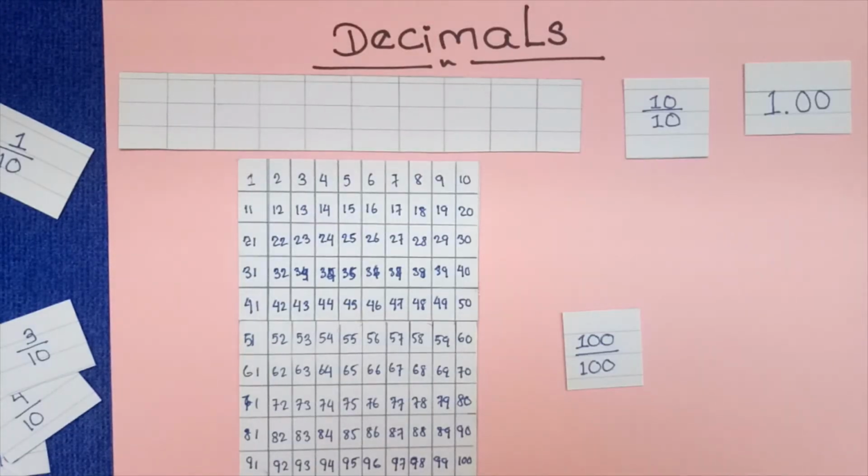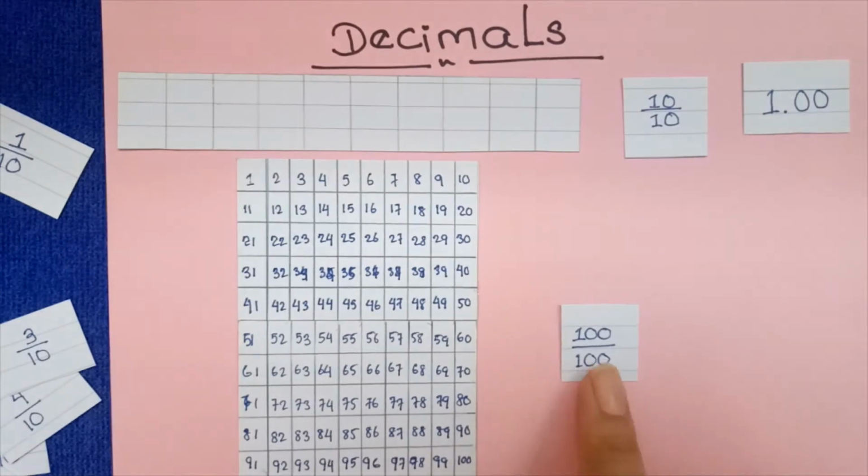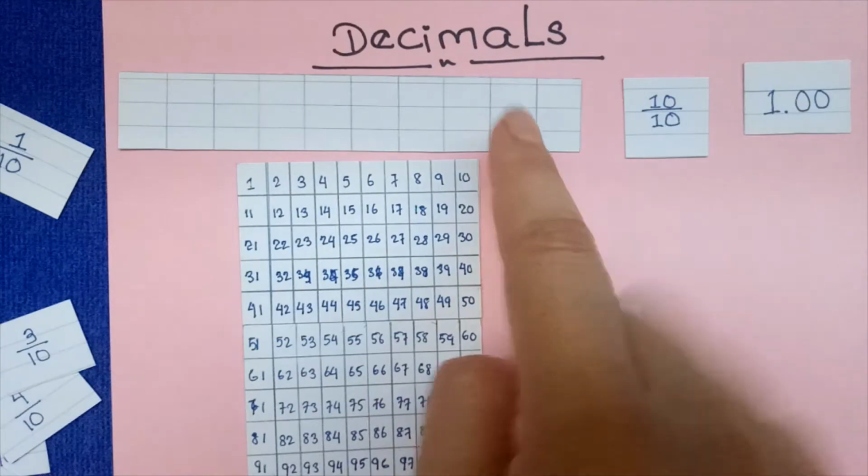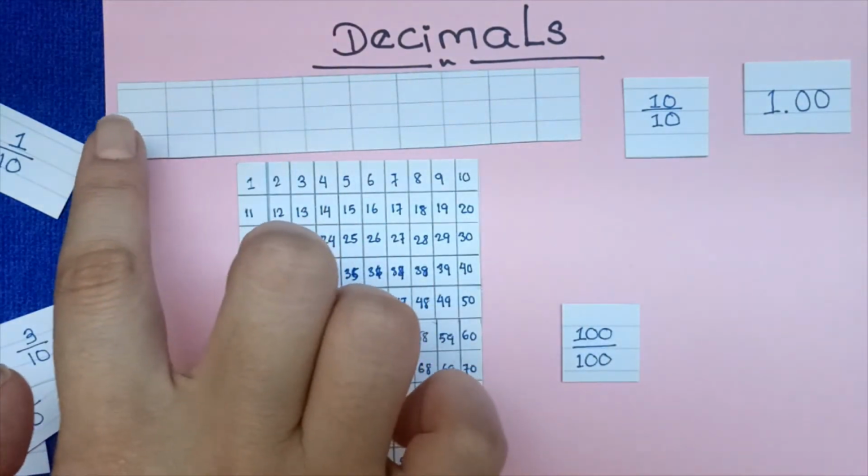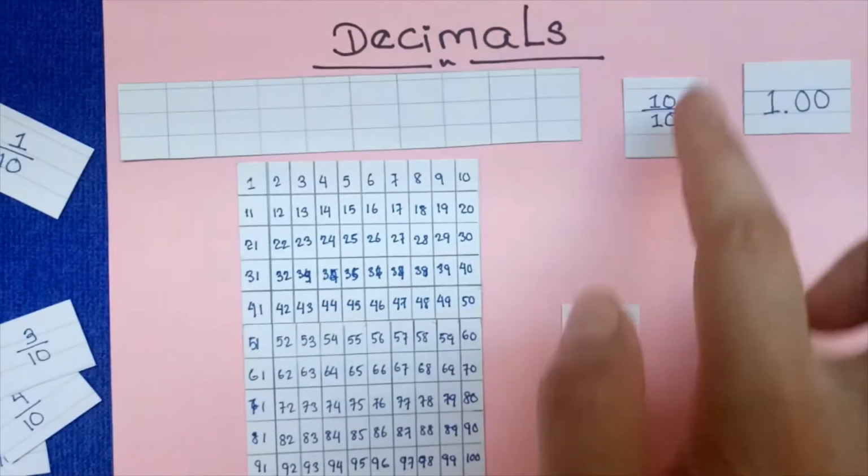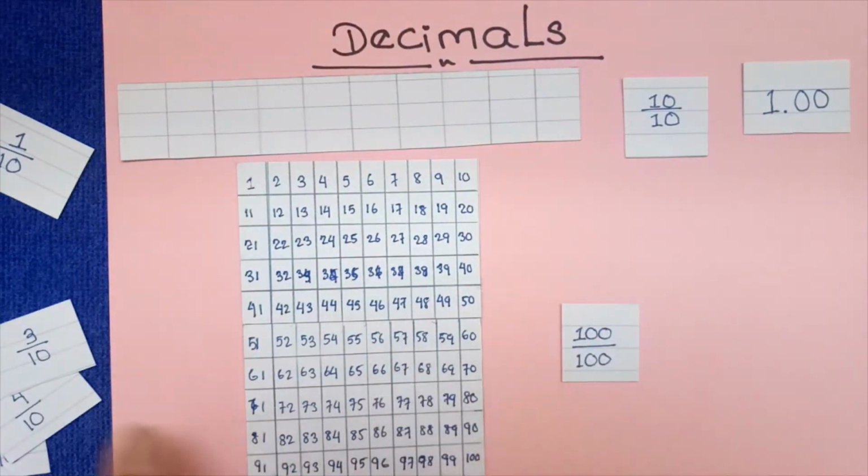Okay, another one. I want to introduce a little bit about the hundredths place. A moment ago was the tenths place because there are 10 cells, 10 by 10 is 1. Now it is the hundredths place.